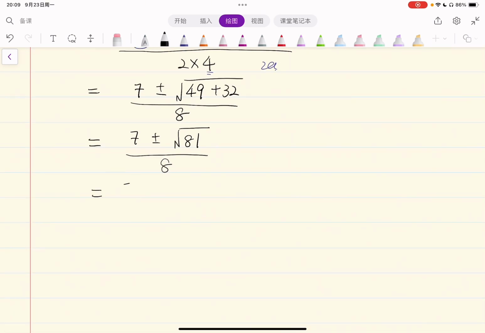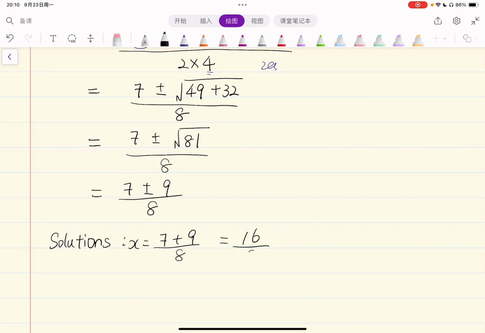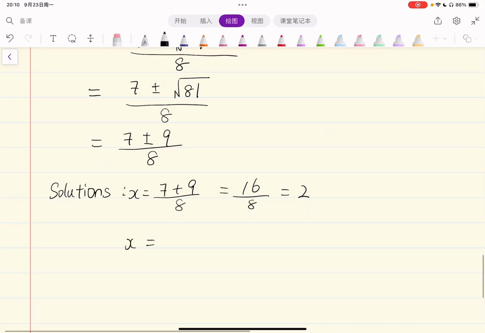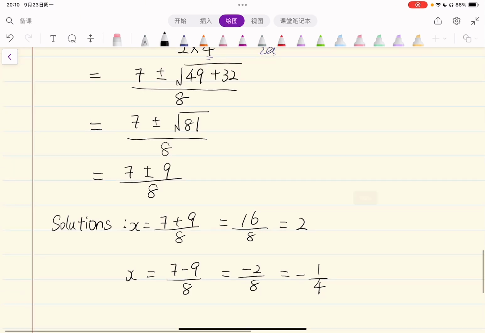So we write 7 plus minus 9 over 8. So the first solution, we have 7 plus 9 over 8, which equals 16 over 8 equals 2. And another solution is x equal to 7 minus 9 over 8 equals minus 2 over 8 equals minus 1 over 4. So we have the two solutions over here.